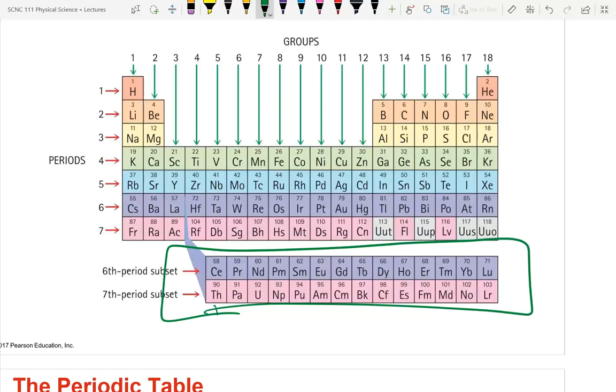You go down more and you get to the 6th period, and instead of 18, you're going to add another 14. And there's just not much room to make a table that's adding 14 more.